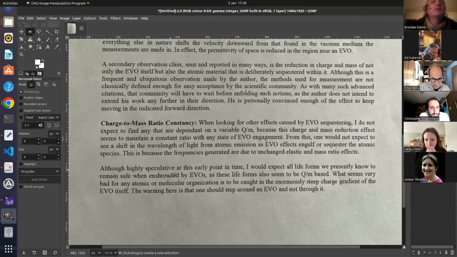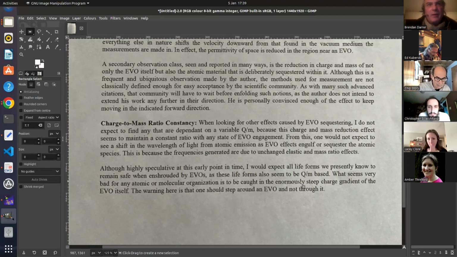Although highly speculative at this early point in time, I would expect all life forms we presently know to remain safe when enshrouded by EVOs, as these life forms also seem to be Q over M, charge over mass based.